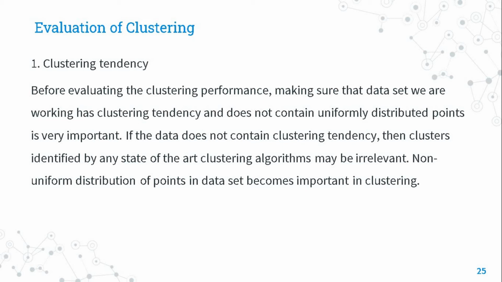Before evaluating the clustering performance, making sure that the dataset we are working with has clustering tendency and does not contain uniformly distributed points is very important. If the data does not contain clustering tendency, then clusters identified by any state-of-the-art clustering algorithm may be irrelevant. Non-uniform distribution of points in a dataset becomes important in clustering.